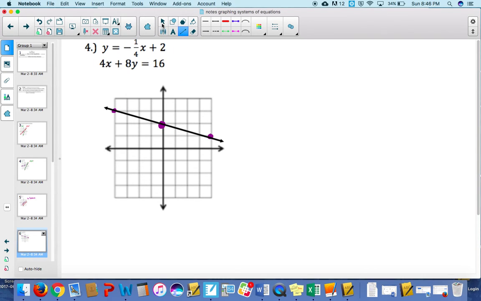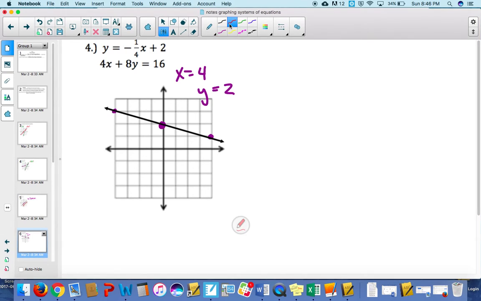This next equation has an x-intercept of 16 divided by 4, so 4, and a y-intercept of 2. So we're going to plot a point at 4 on the x-axis, and going through the y-axis at 2.